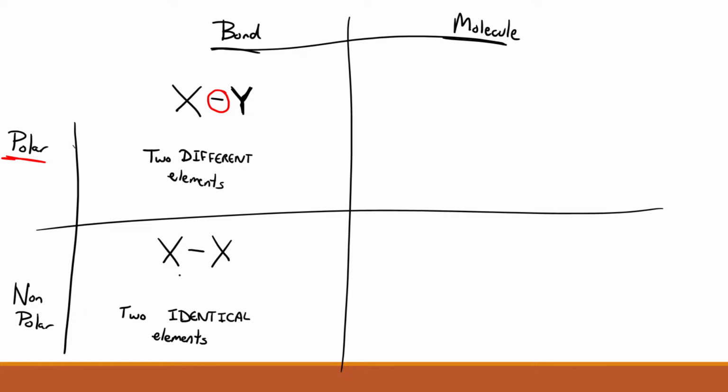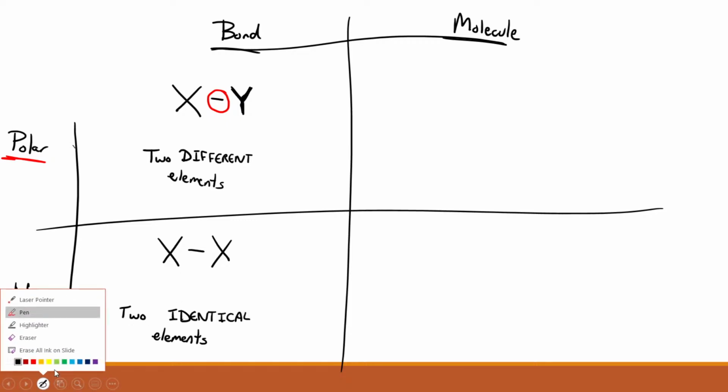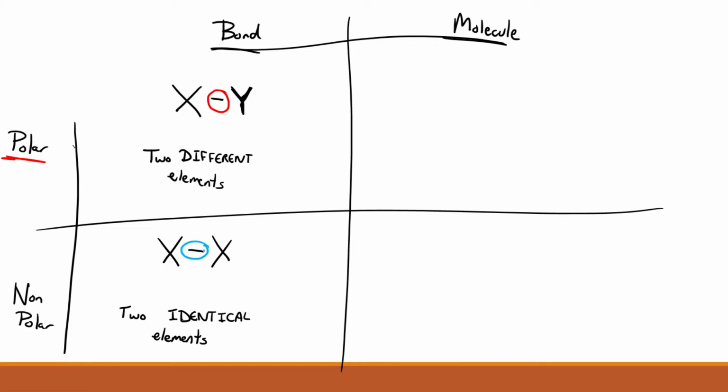Two identical elements means that this bond is nonpolar. When we look at molecules, our focus changes. We zoom out and we look at the whole molecule overall.